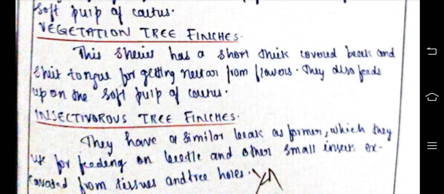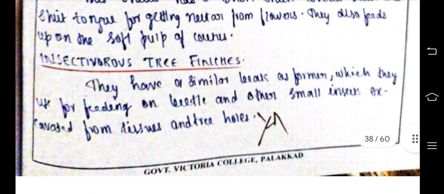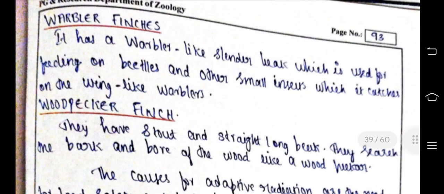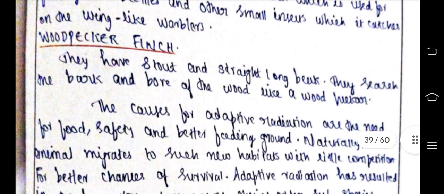They also feed upon the soft pulp. Insectivorous tree finches have similar beaks as the former, used for small insects. Then warbler finches have a warbler-like cylindrical beak, and woodpecker finches have some other peculiarities.